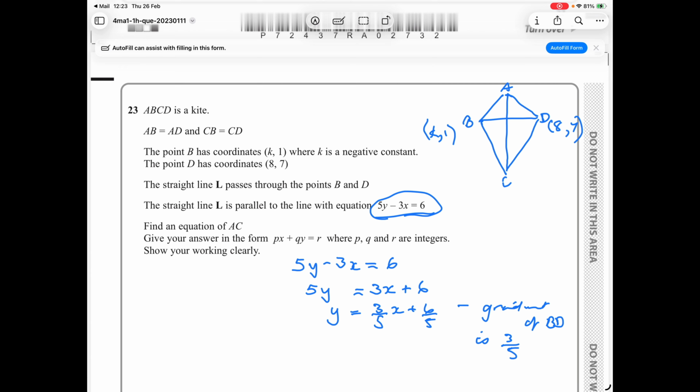Now, the second thing we need to do is we've got to find an equation for AC. So AC is going to be something like y equals minus 5/3 x plus c.